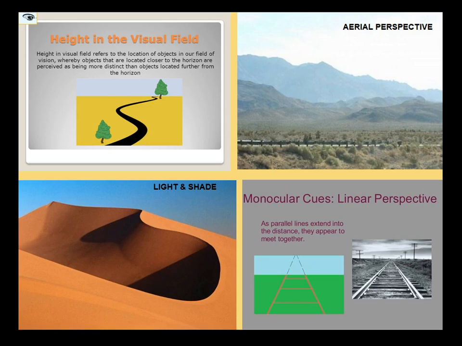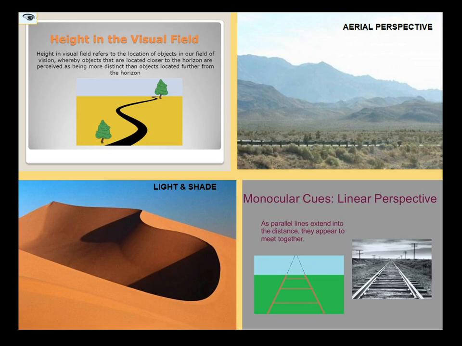But again, this is a monocular cue, like in the aerial perspective, where we felt the mountains were blue, hazy or blurred but on reaching closer we don't see them that way. Similarly, light and shade is also a monocular cue, because these highlights and shadows provide us with information about an object's distance. That's it. So this is also a phenomenon, right?